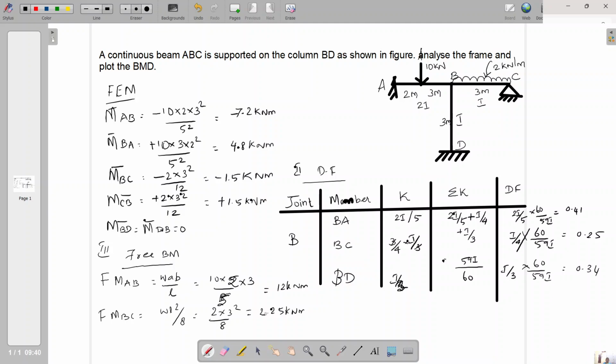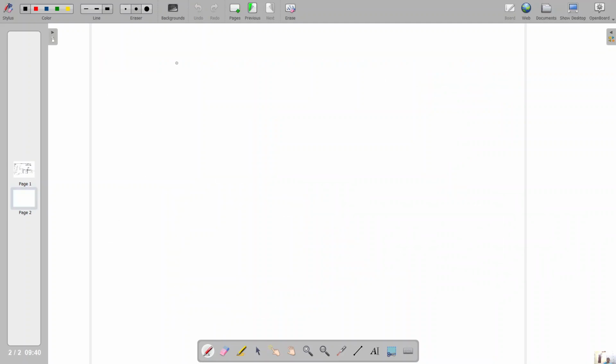So with the available values, we can go to the moment distribution table. The moment distribution table comprises joint, member, distribution factor and fixed end moment. So the first joint is A, the second joint needs some spacing to accommodate three members, and the next joint C, and finally D. So we can draw the separators.